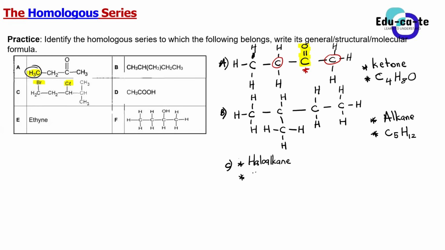Just give me how you're gonna write it in the book. It's C6. And the number of hydrogens is 1, 2, 3, 4, 5, 6, 7, 8, 9, 10. Are there 10 hydrogens, guys? 11 hydrogens. Confirm, guys.